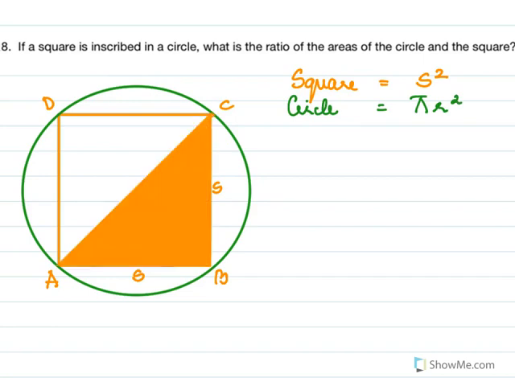Now if we take up the triangle ABC, we see it is a right triangle. Here this is 90. We can use Pythagoras theorem, which means S square plus S square equal to AC square.